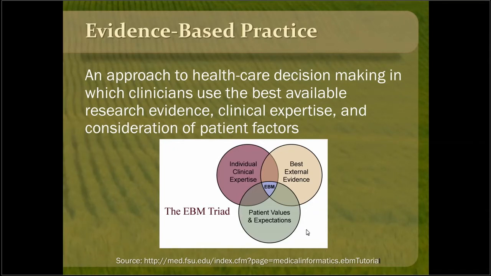The next part that's here in this green portion of the Venn diagram are the patient values and expectations. I also like to add in the word factors. So what we know about healthcare outcomes, success in patient outcomes, has a lot to do with the extent to which the evidence that's available links up with the specific patient needs.